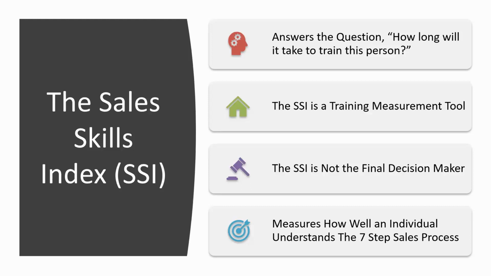It's really, really important, because understanding that can help us make the decision whether to bring someone on or not, based upon the amount of time, energy, and effort we have available to train that individual to be successful.